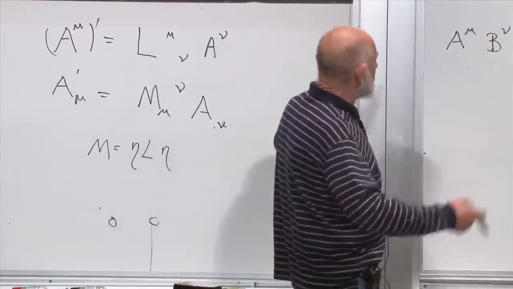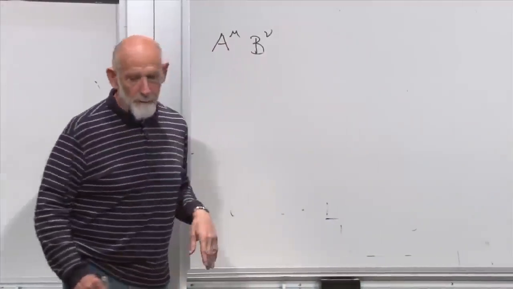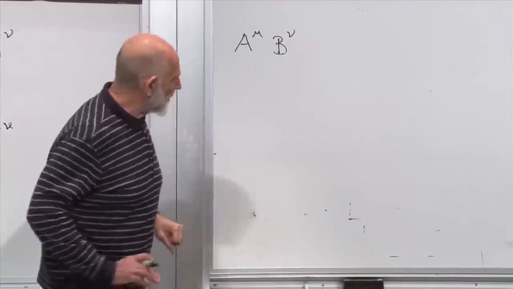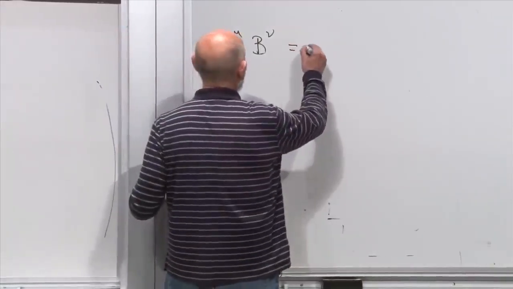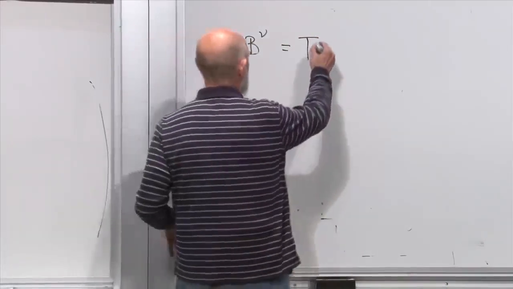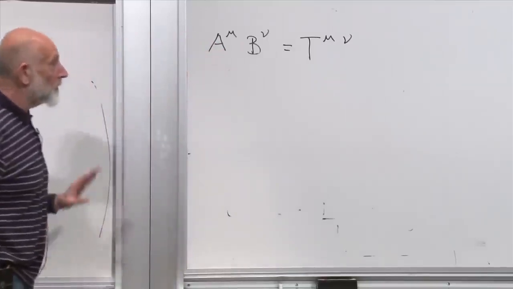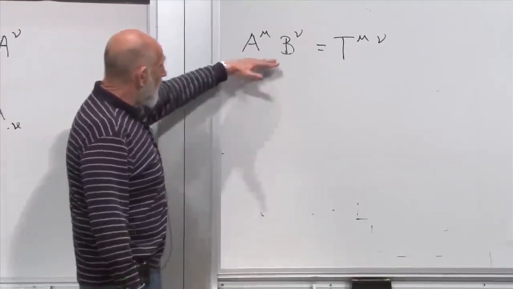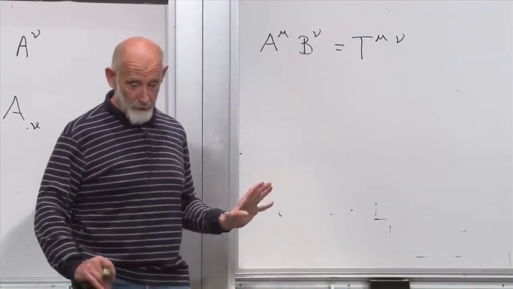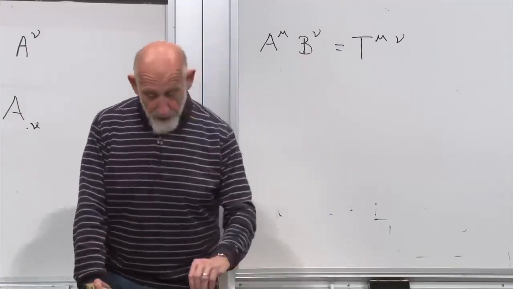It's just the set of numbers you get by multiplying any component of A with any component of B. It's got 2 indices, and it's called a tensor. I'm going to label it just generically T for tensor, a particular tensor T mu nu. Not all tensors are of this form. Not all tensors are simply constructed out of 2 vectors this way. But 2 vectors define a tensor in that way.